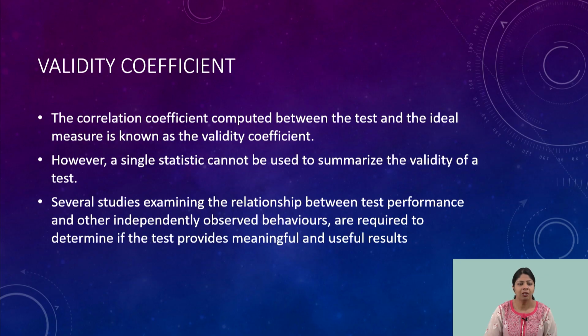So, when we are talking about validity coefficient or statistical methods of determining validity, a single statistic cannot summarize the validity of a test, and that is why mostly if you open the manuals of well-published tests, you will find that they have ascertained the validity of that test through various means, because it is very difficult to determine the validity of a test based on just one statistical procedure.